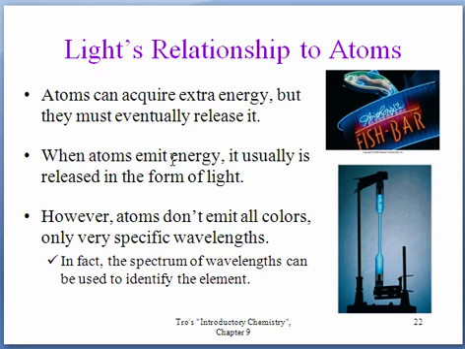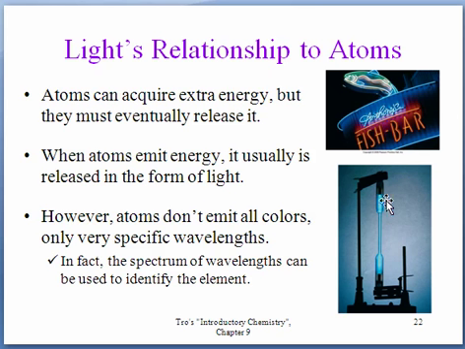And when atoms emit energy, many times it's released in the form of electromagnetic radiation, often in the form of visible light. Now, when this light or electromagnetic radiation is emitted, it's not emitted in all colors, but only very specific wavelengths. In fact, the spectrum of wavelengths can be used to identify the element, and this is how elements in stars were first identified.